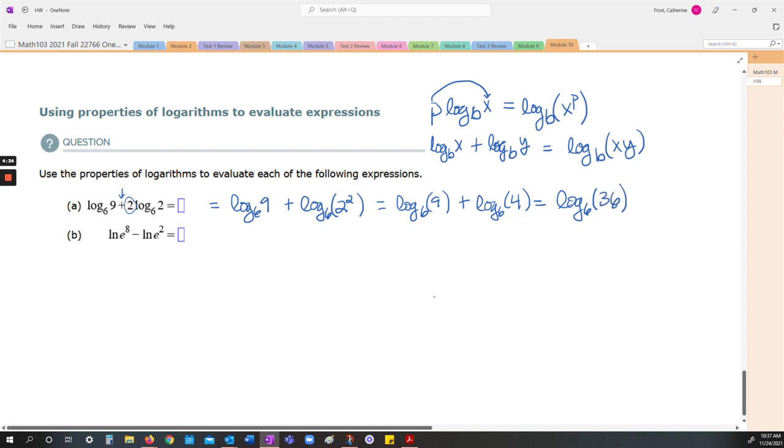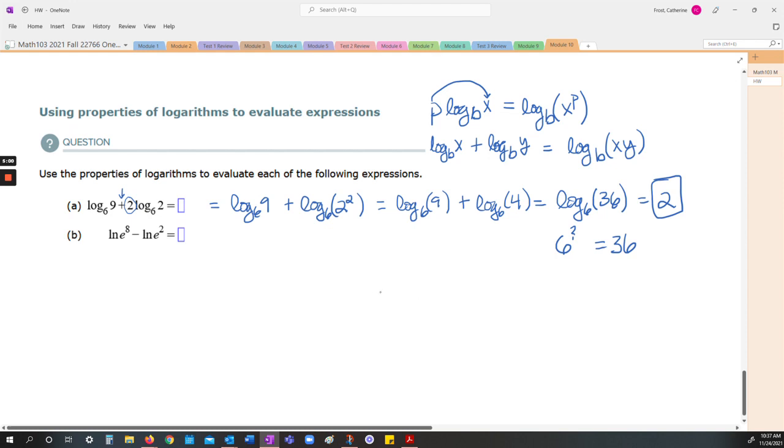We've got this down to a single logarithm, and this is going to work because 36 is a power of the base 6. A logarithm is an exponent, so 6 to the what power would give us 36? Well, 6 squared. So this is 2 after all of that.